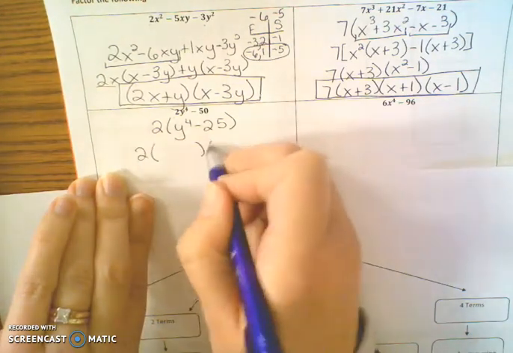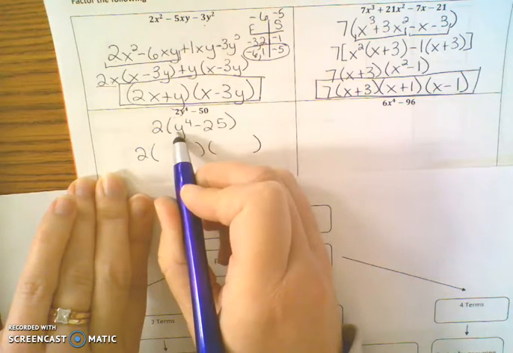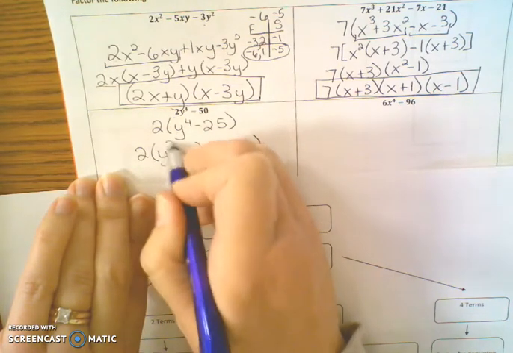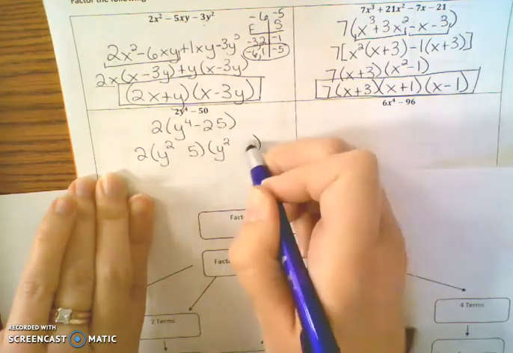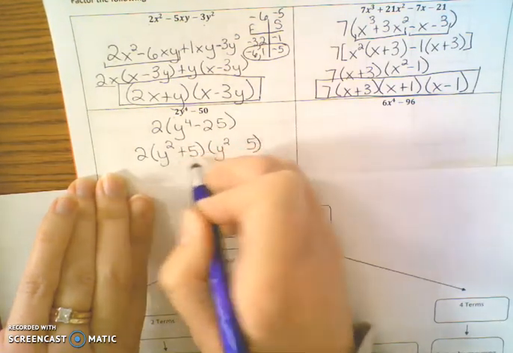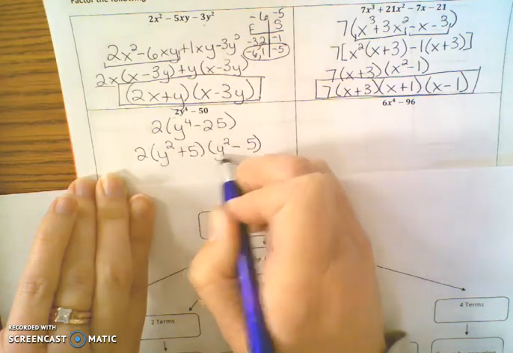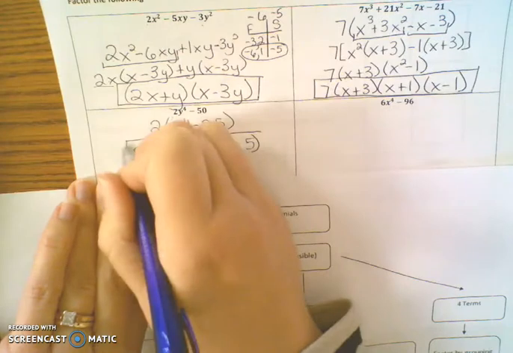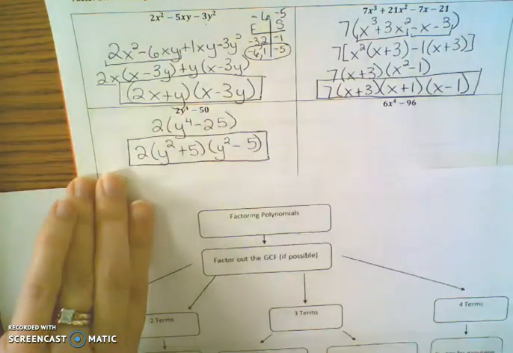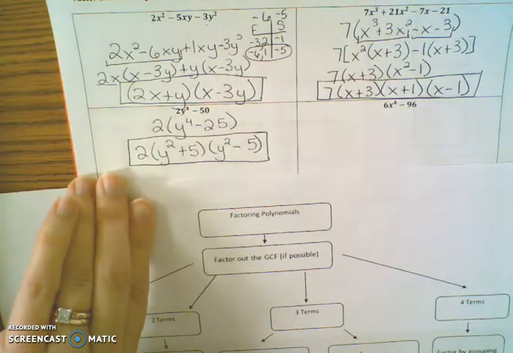So the square root of y to the 4th power is y to the 2nd power. And the square root of 25 is 5. So I have y squared plus 5 and y squared minus 5. And then none of these can be broken down anymore. So that is my final factoring on that one.